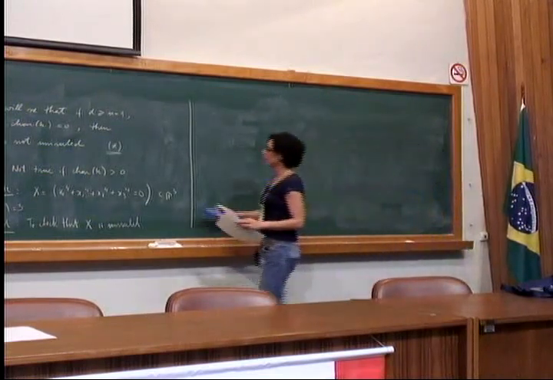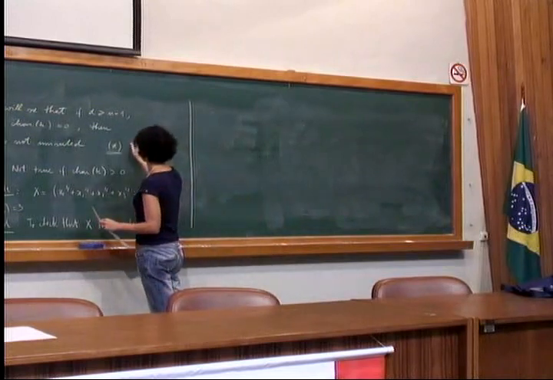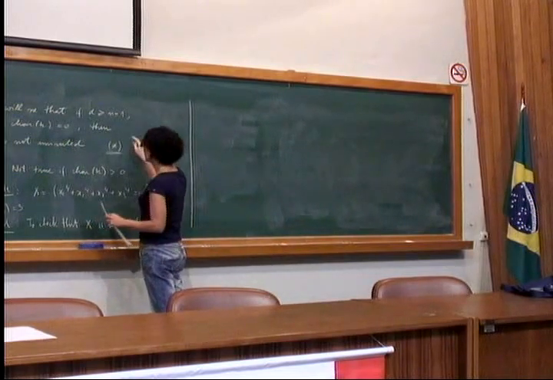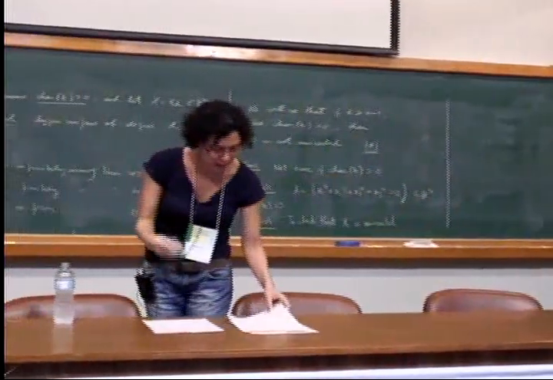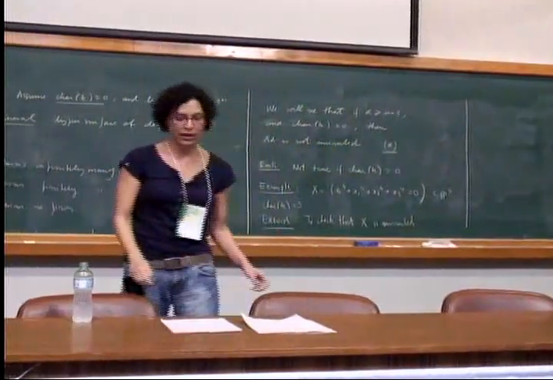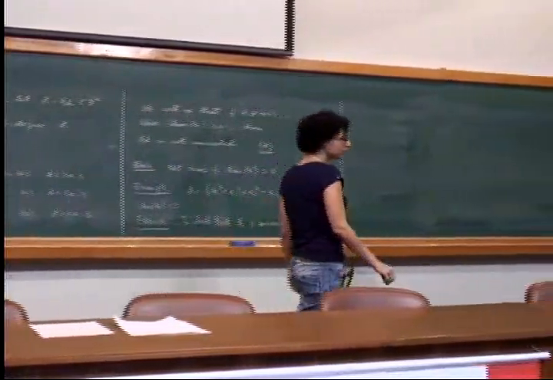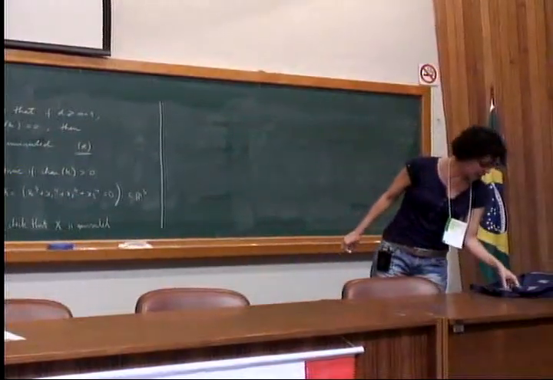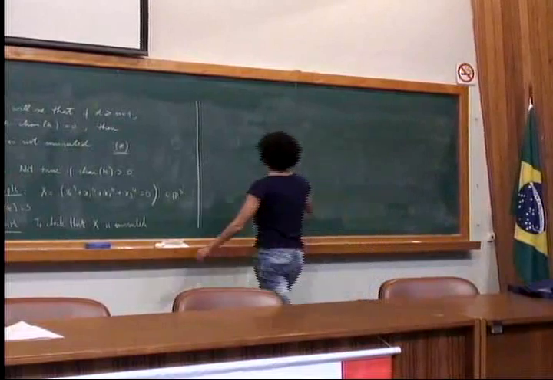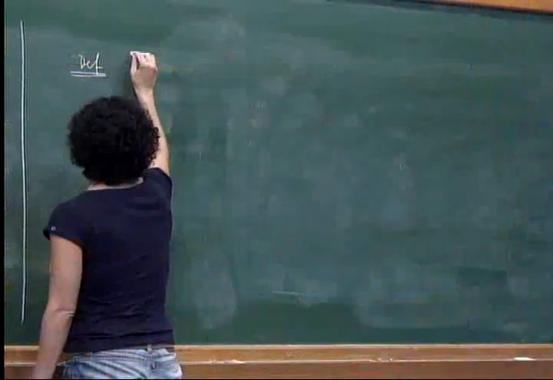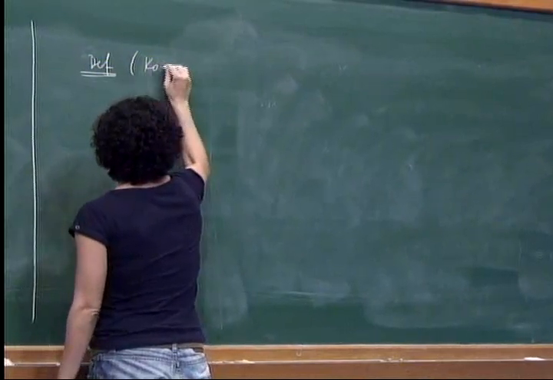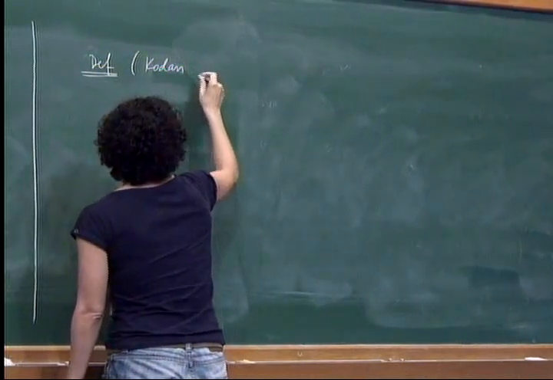Okay, in fact we will see this result, but this is actually a special case of a more general statement, and in order to discuss this I have to introduce some elements of higher dimensional algebraic geometry. So let me define the Kodaira dimension of a variety.